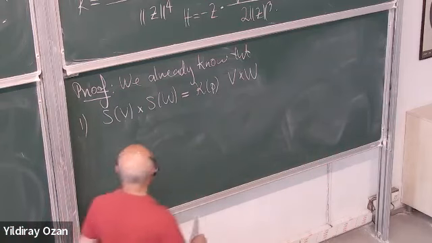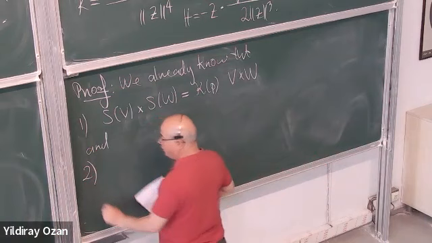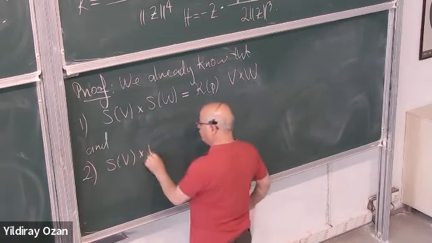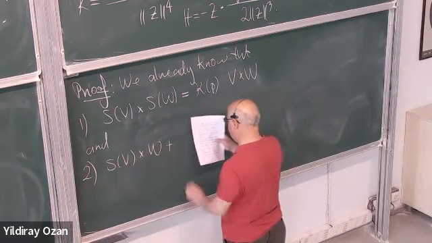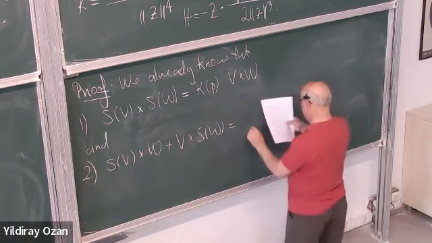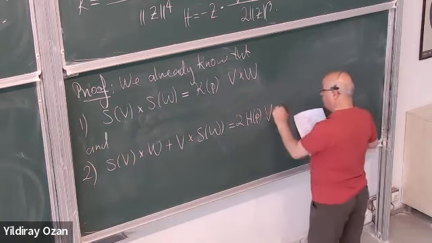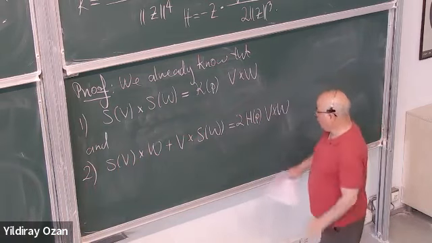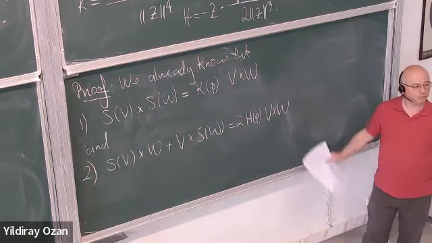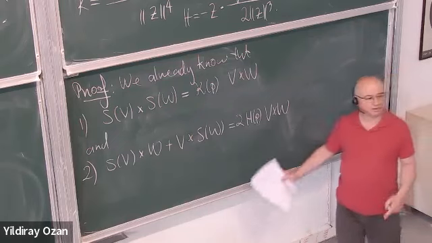And the second one, shape operator at V cross W plus V cross the shape operator is just 2 times the scalar curvature V cross W. And we used these actually to derive the formulas for Gaussian curvature and scalar curvature last week, right?